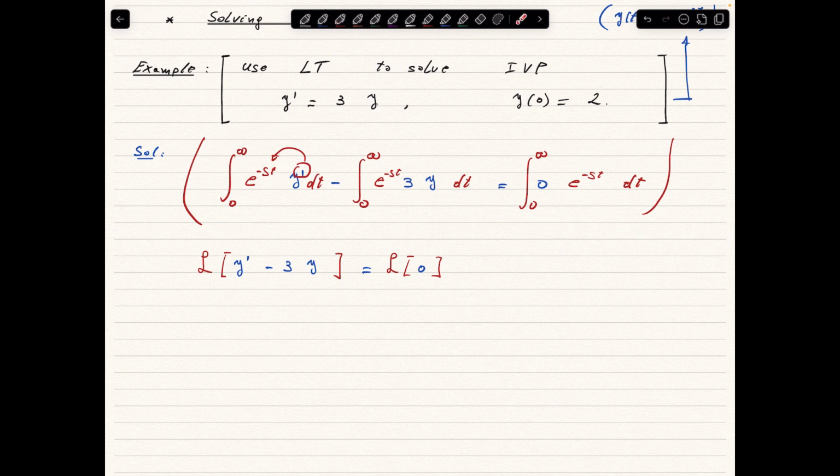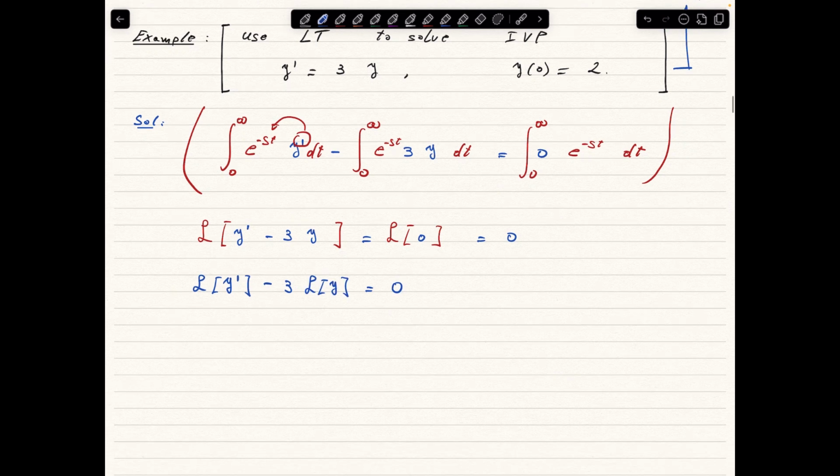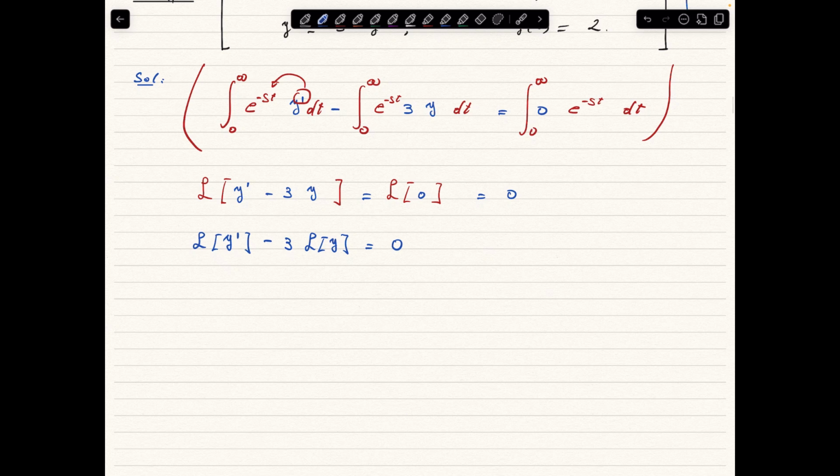On this side it is 0, and on this side we use linearity, and this is what we get: Laplace transform of y prime minus 3 Laplace transform of y equals 0.